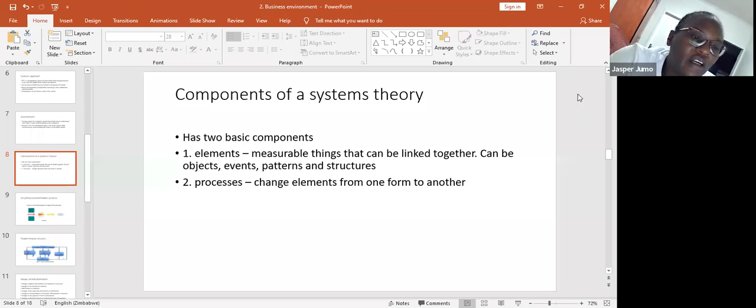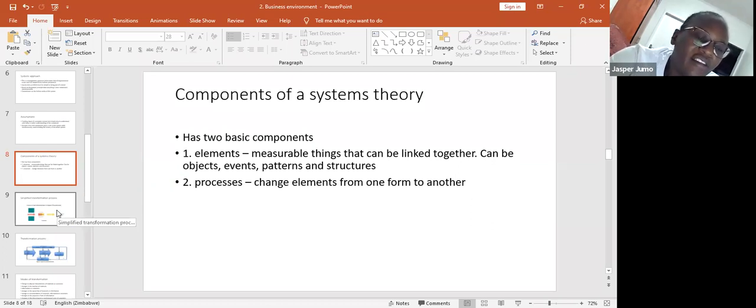And then the systems theory is also made up of processes, where whatever you do, you are changing the form of a certain element from one to another. That will make more sense when we go on to the methods of transformation. So for now, it might sound not so clear, the processes, but just hang on, we'll get to where it will be explained.